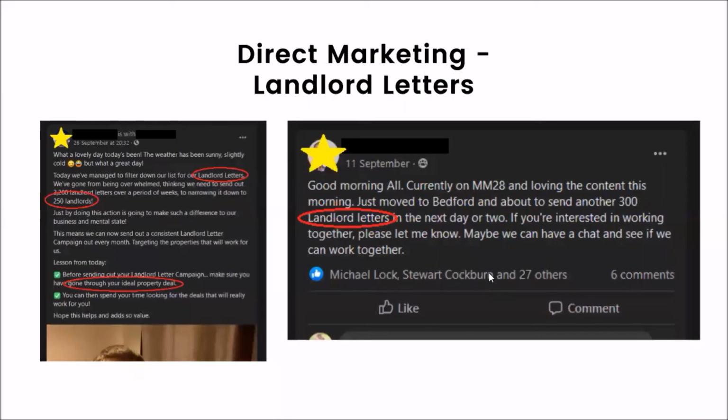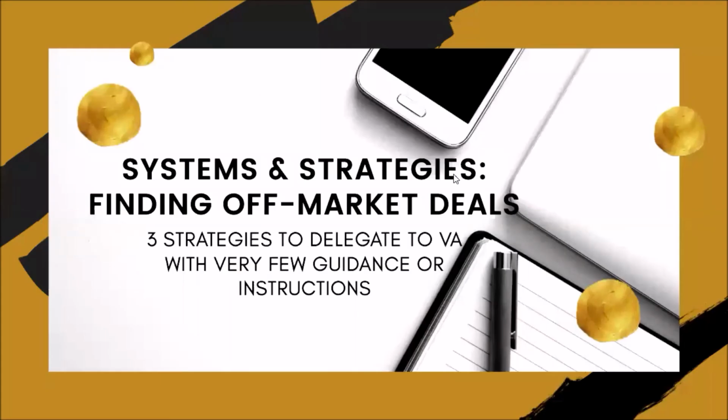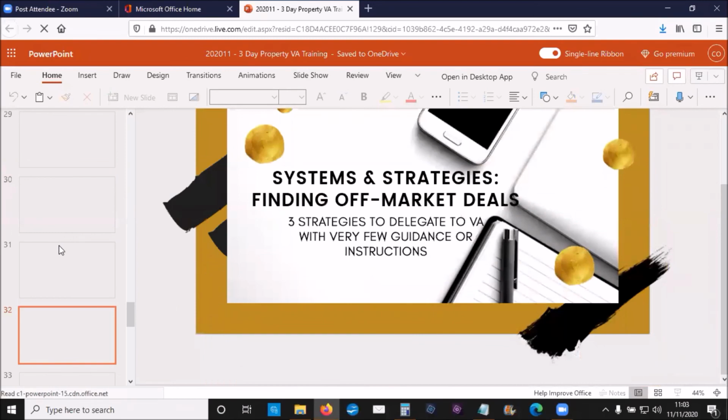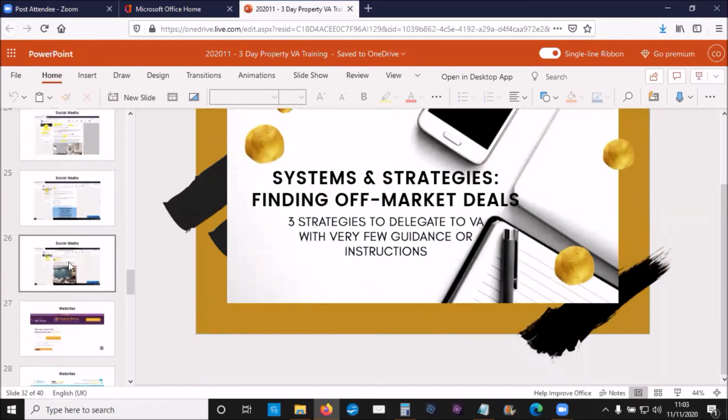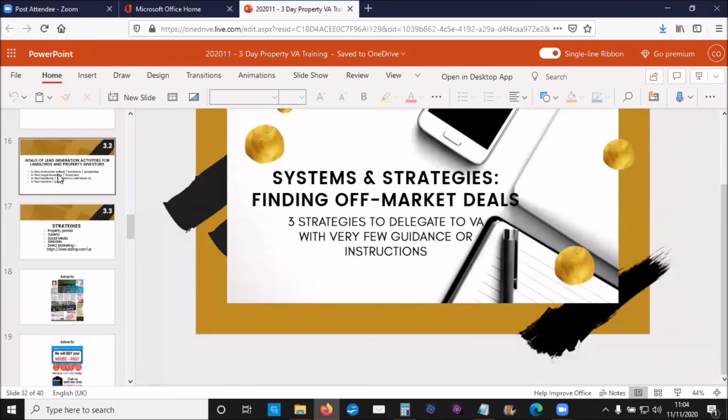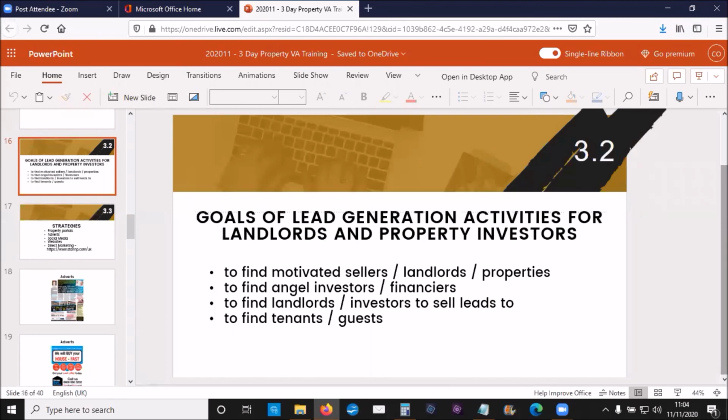So we were just discussing, just to get an overview again, the goals of lead generation activities for landlords and property investors. And so therefore your role as a VA might be to help property investors and landlords find all of these things, okay?